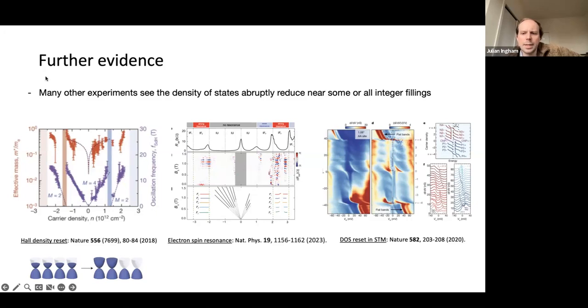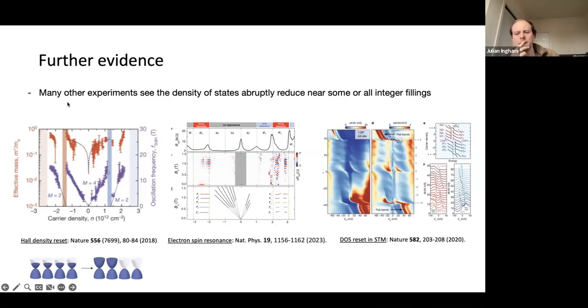So the data here basically says that as we start at charge neutrality in the middle and we increase the relative doping, the size of the Fermi surface indicated by the data here grows larger and larger, but then at nu equals plus or minus 2, the Fermi surface suddenly drops down to a point. So the size of the Fermi surface dramatically jumps back down and then continues to increase as you dope further away from half filling.